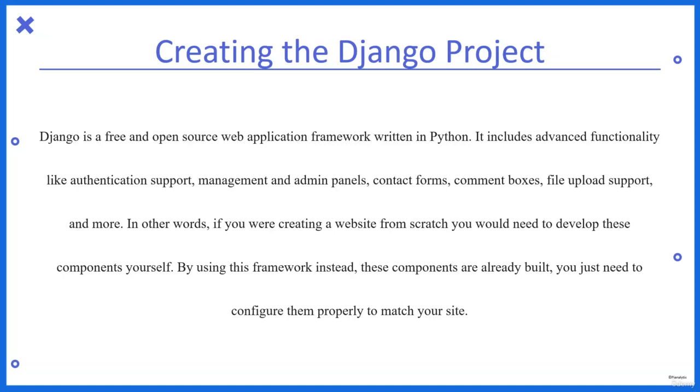Then it also supports a file upload system and more. In other words, if you were creating a website from scratch, you would need to develop these components by yourself. But by using this framework instead, these components are already built. You just need to configure them properly to match your site. So basically, these components are built as functions or classes, and you just need to import those functions or create objects for those classes and start working with them.